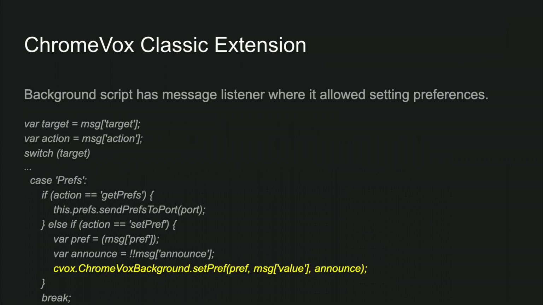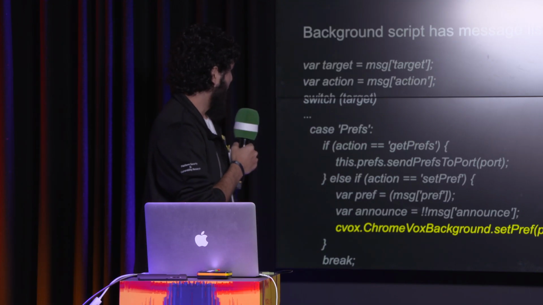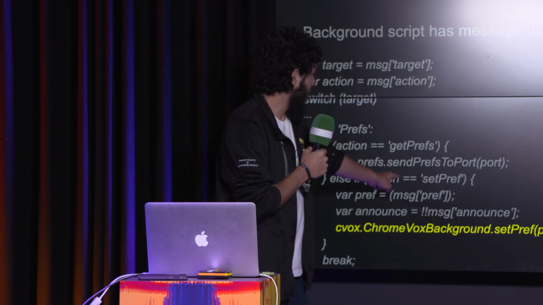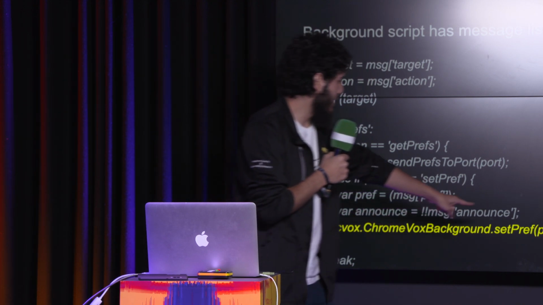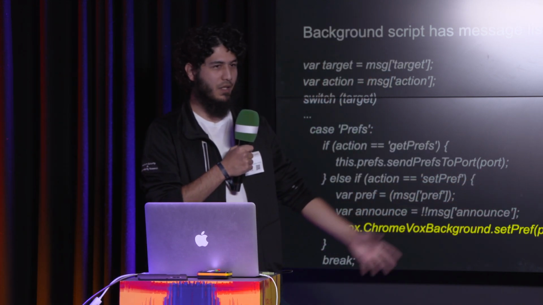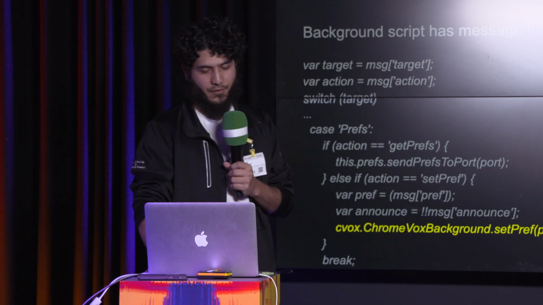So this was the message listener in the background script. The message is just a message that's coming, and this is an object. You can see target, action. You need to notice here that if target is pref and action is set pref, you can set a preference with your value, so basically you can set any preference.